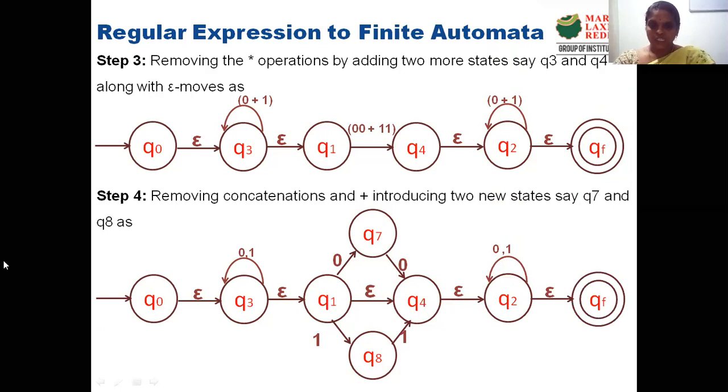Now if you see in this regular expression at this stage, it doesn't contain any of the operations like union, closure and concatenation here.